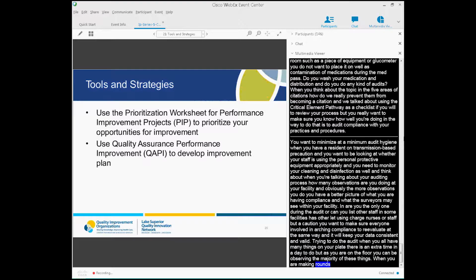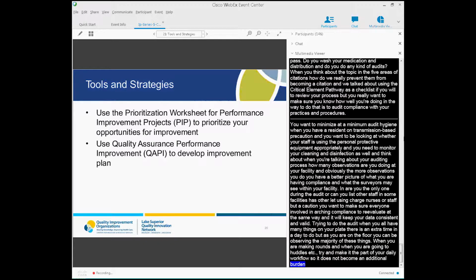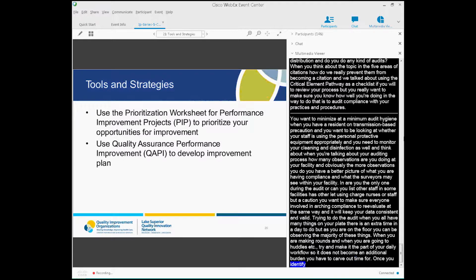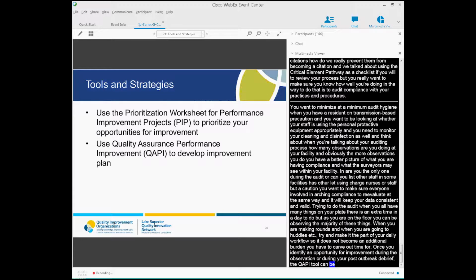Once you identify an opportunity for improvement during your observations or during your post-outbreak debrief, the QAPI tools can be used to guide your improvement efforts and document your activities using the prioritization worksheet for performance improvement projects or the PIP guide.